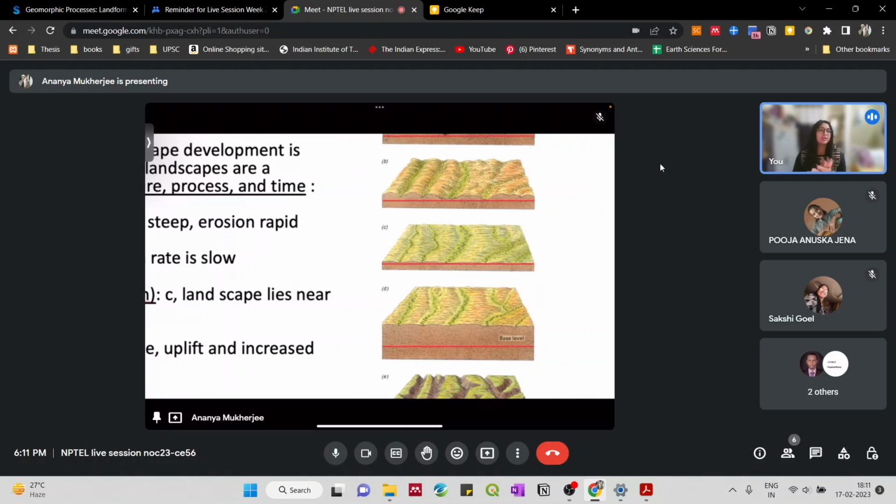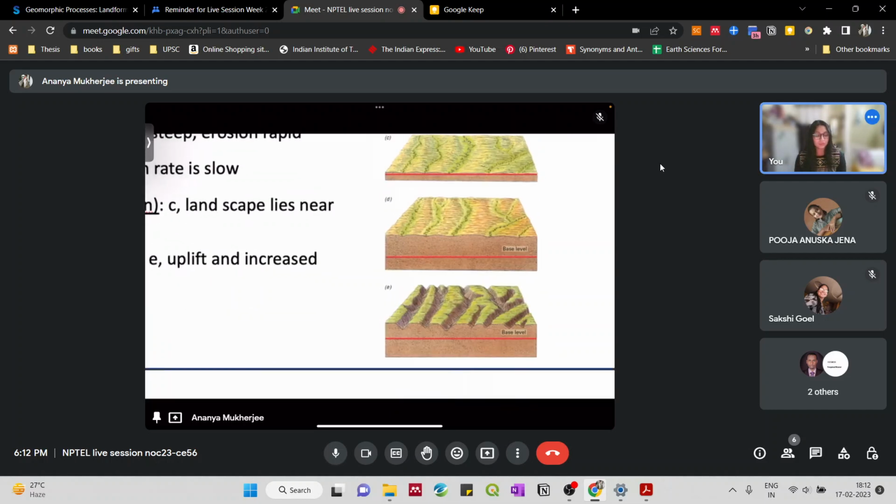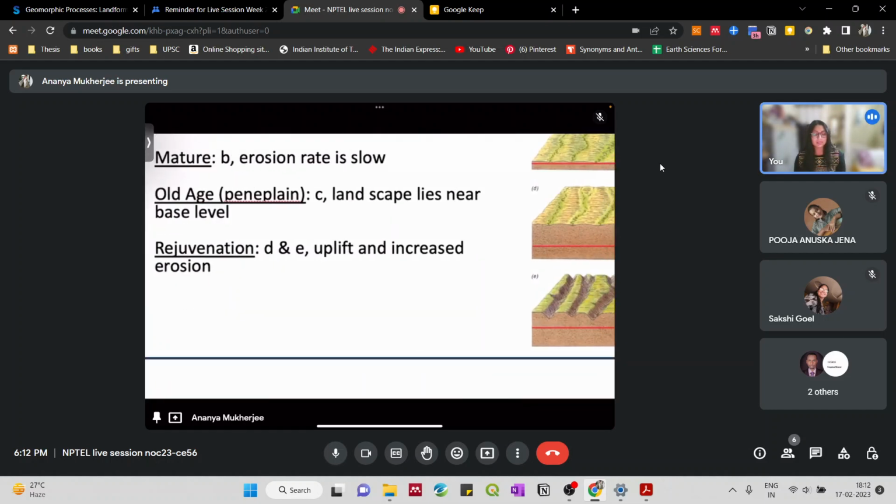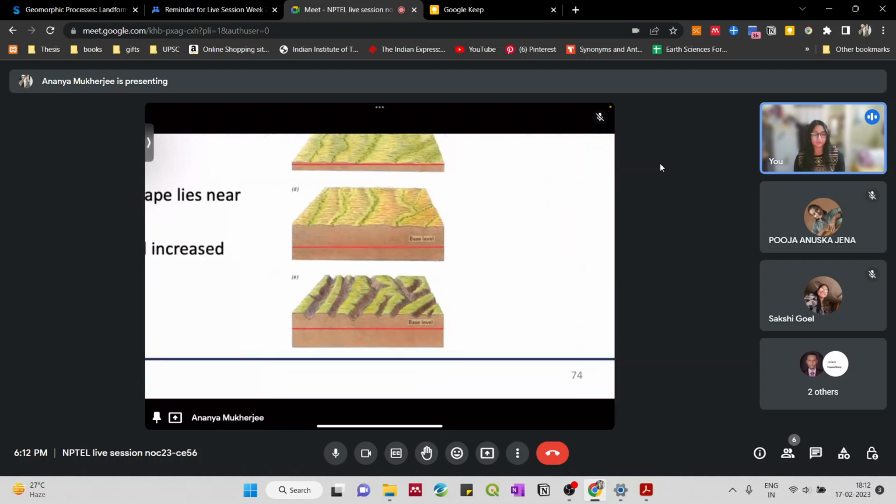What is a peneplain? With erosion, the earth surface becomes more and more planar in nature. This would be your old stage. In the mature stage, the structures have kind of disappeared, and you will see more plain features. Then you have D and E, that is uplift and increased erosion.